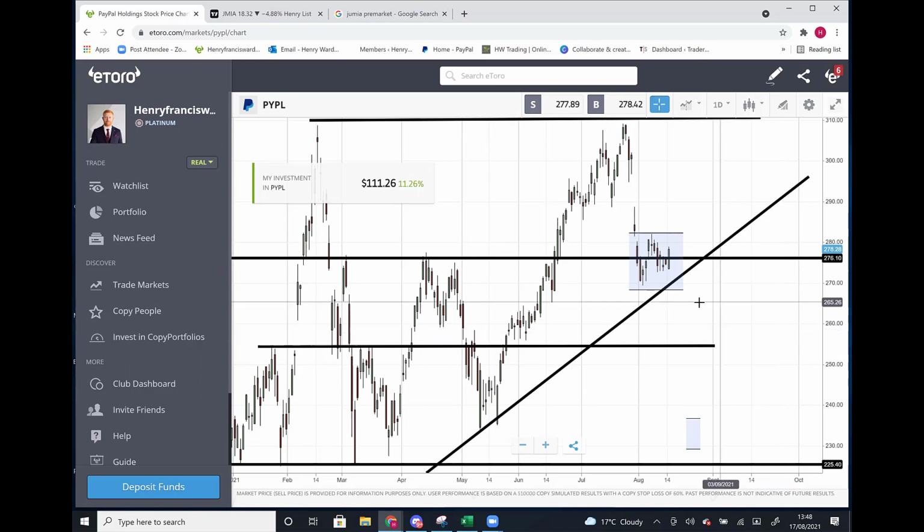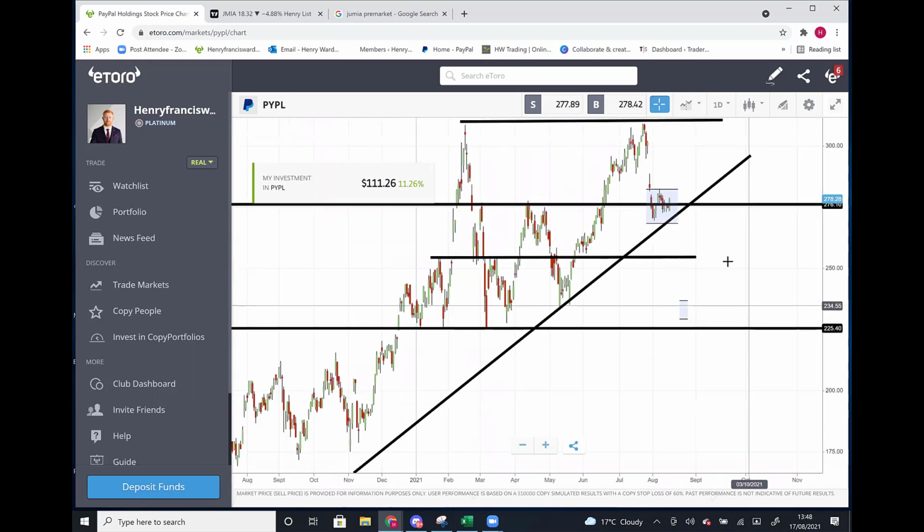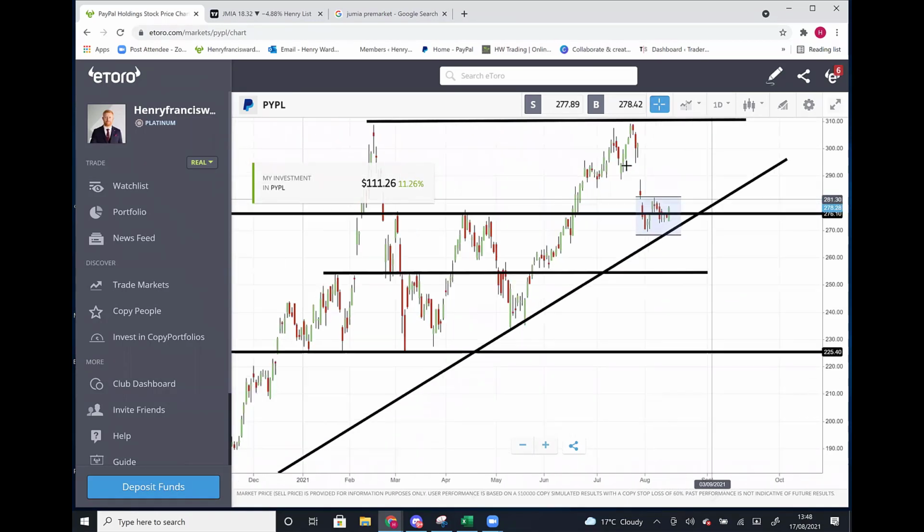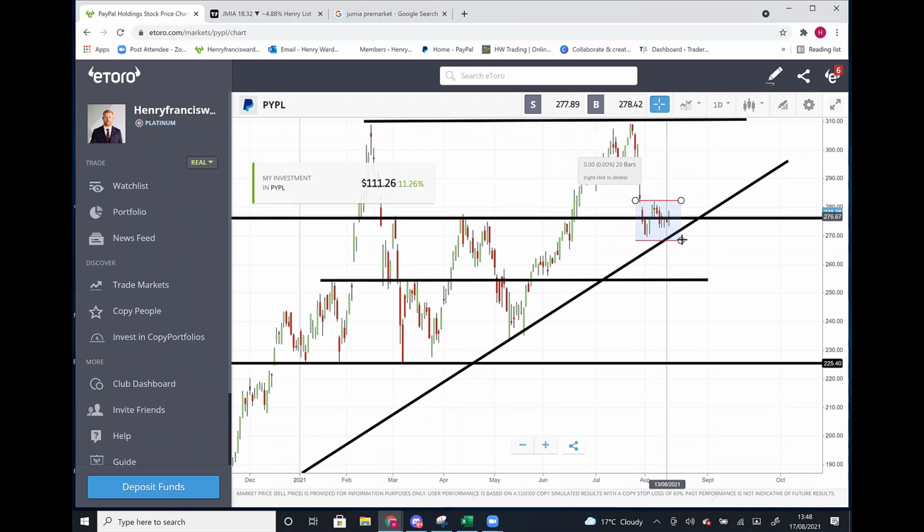So the general consensus: no, there's no chance of stop loss hunting here, but there is a chance that this will continue dropping. That's the difference.